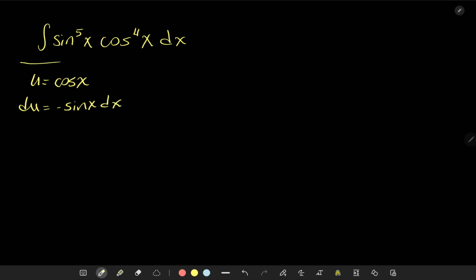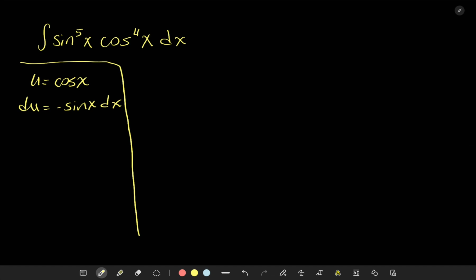I grabbed the one that is an odd power, and I would also choose the one that is to the lowest degree. So if, for example, I had a cosine cubed, I would choose the cosine, or if I had a cosine to the seventh, I would choose the sine. So I'll choose the odd one with the lower degree because then it makes it a little bit easier.